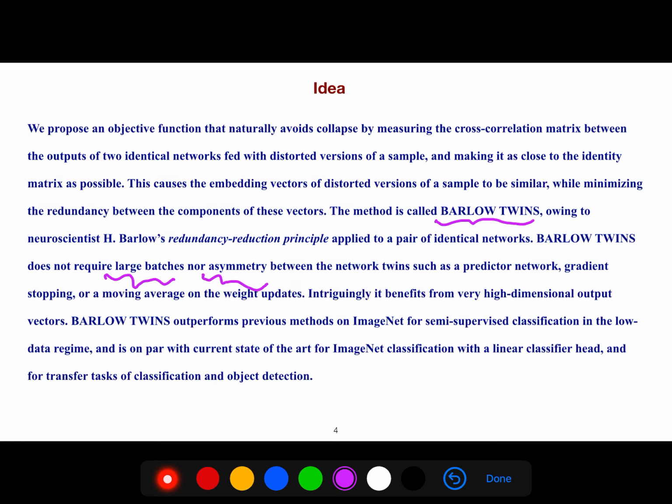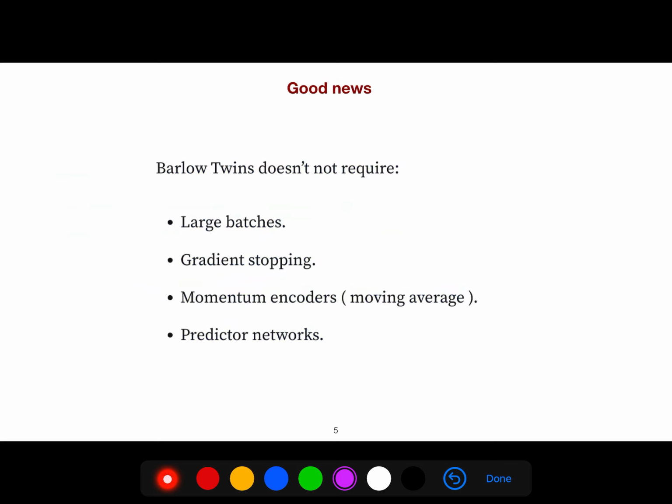Intriguingly, it benefits from very high dimensional output vectors. Barlow Twins outperforms previous methods on ImageNet for semi-supervised classification in the low data regime and is on par with the current state-of-the-art for ImageNet classification with a linear classifier head and for transfer tasks of classification and object detection.